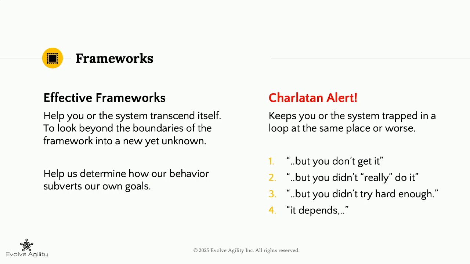An example would be Google Sprint. Has anyone heard that? Design Sprint, Google Design Sprint? They did Scrum well, learned from it, extended it to their own problem statement, which is how do we design a problem fairly quickly. The problem with charlatan frameworks, which is a framework that does not help, like the couch crunch, is the first response you're going to get is you don't get it.